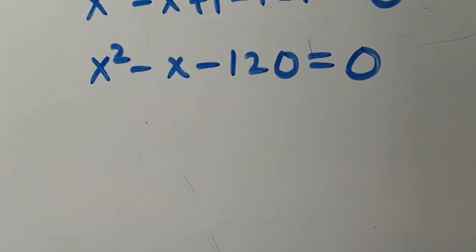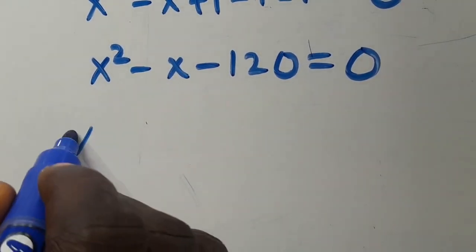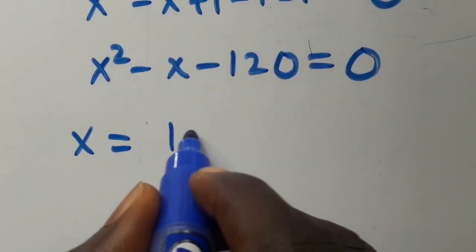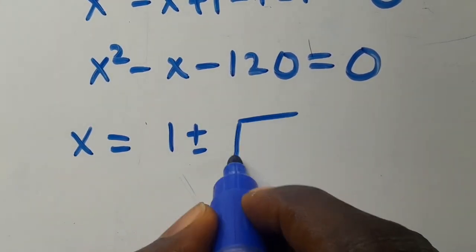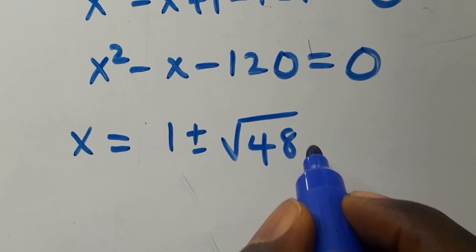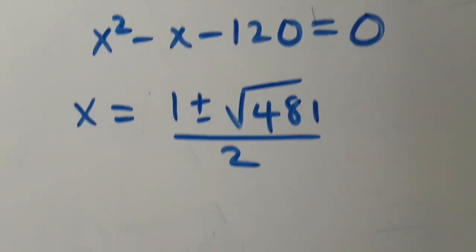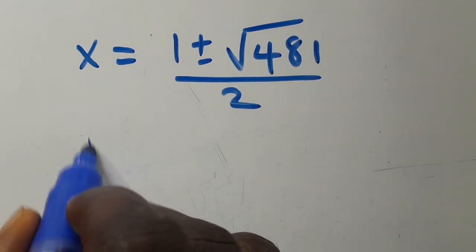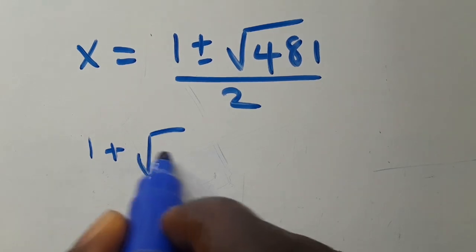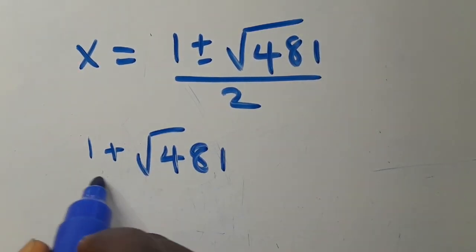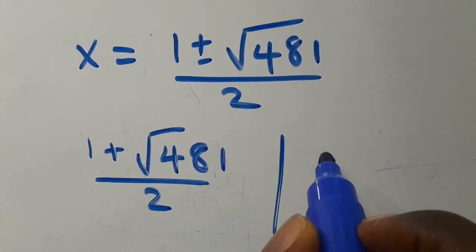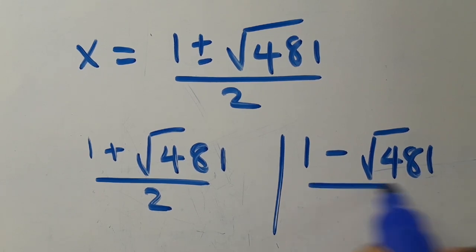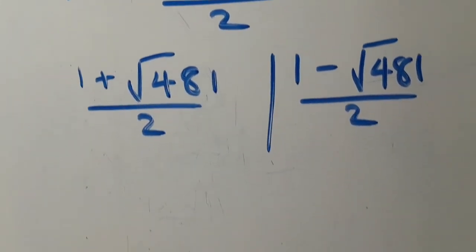Now solving this one quadratically, we are going to have x equals 1, positive or negative, root of 481, divided by 2. Then when you solve this, for the first one, we have 1 plus square root of 481 divided by 2. Secondly, we also have 1 minus square root of 481 divided by 2 as the value of x.